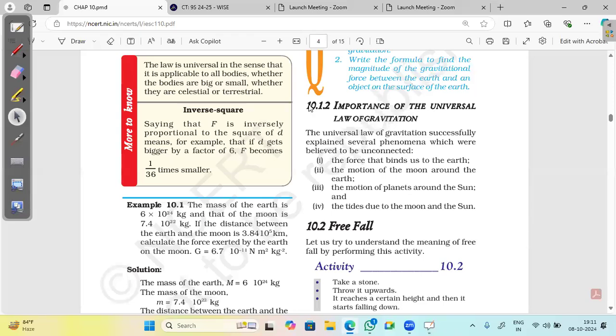It explains that the moon is moving around the earth because of the gravitational force. It is the gravitational force which is providing the necessary centripetal force. For the revolution, it requires some centripetal force, and that centripetal force is provided by the gravitational force. All right. So this is clear.